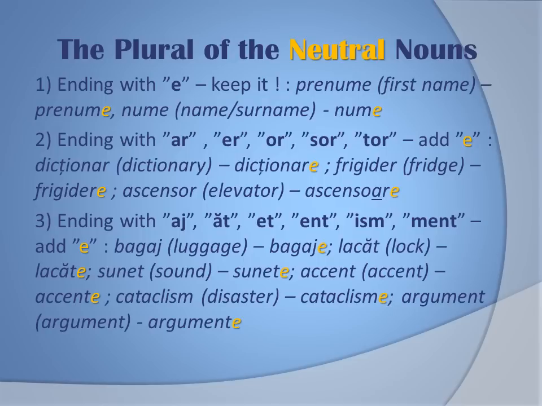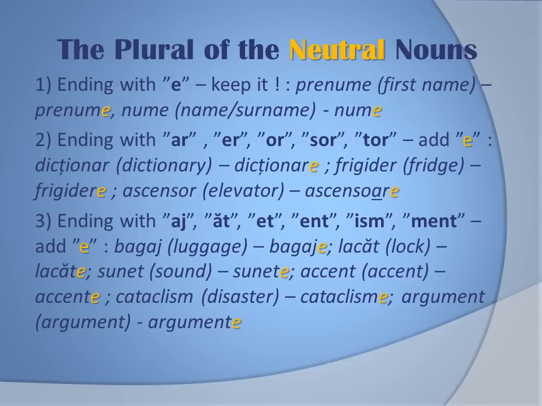For the neutral nouns ending with the groups ar, er, or, sor, and tor, you only have to add e at the end. So let's have a few examples.